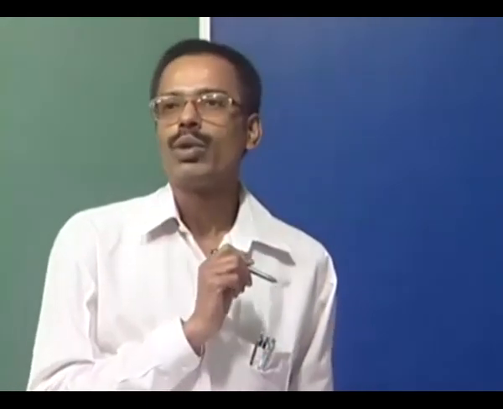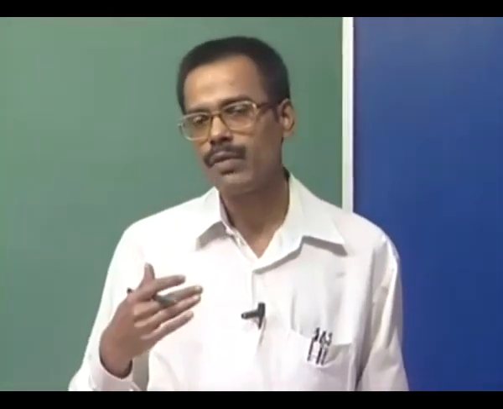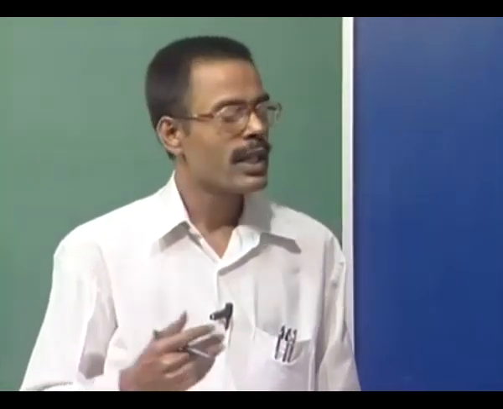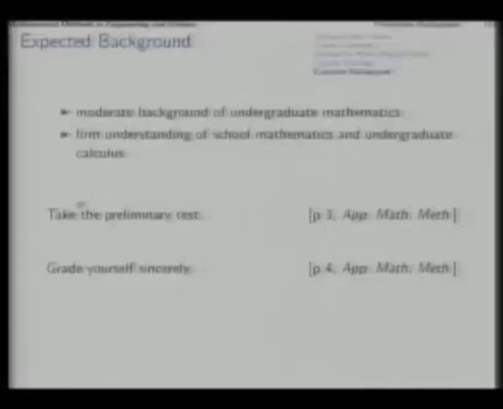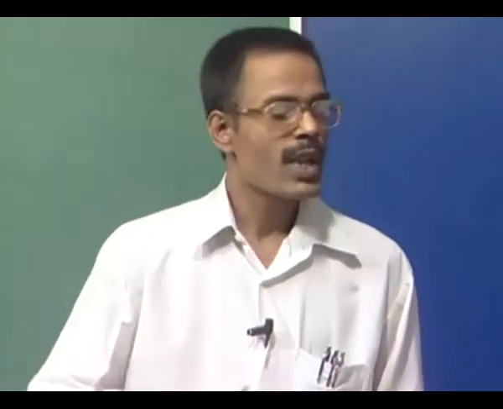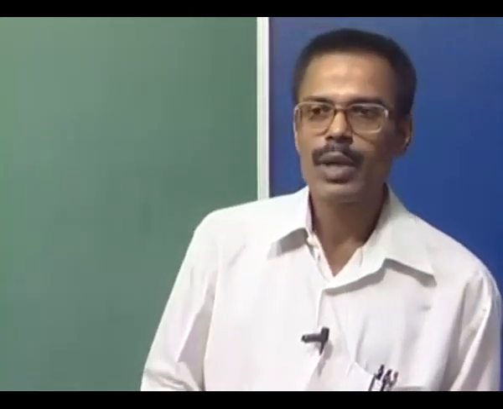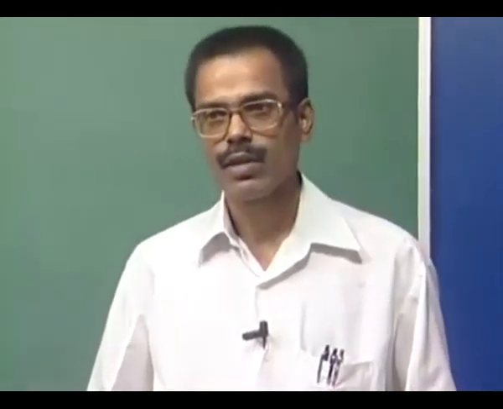In order to know whether you have the necessary background already, you can take a small preliminary test, and that test appears on page 3 of the textbook. After you take the preparatory test, on page 4, in the next page, there is a grading scheme given, based on which you can grade yourself. As you grade yourself, you will be classified in one of 3 classes.